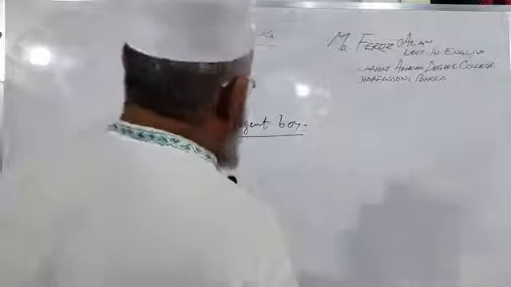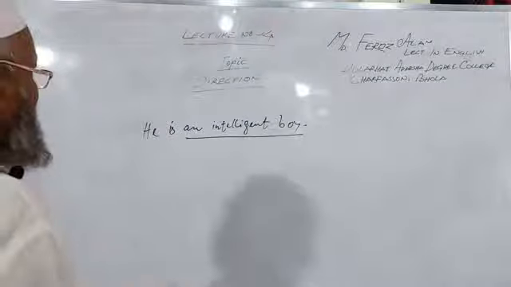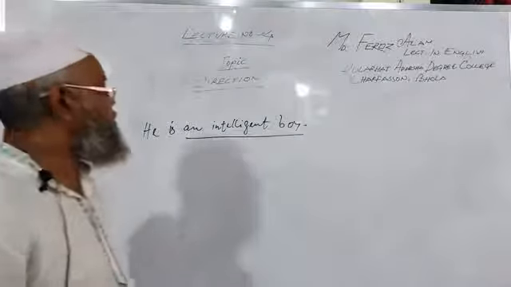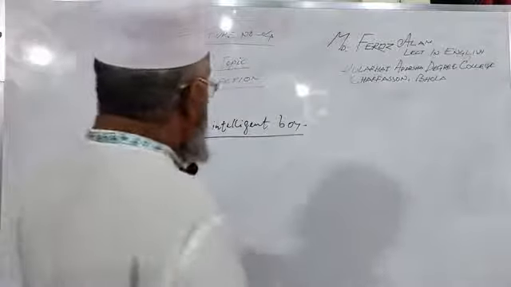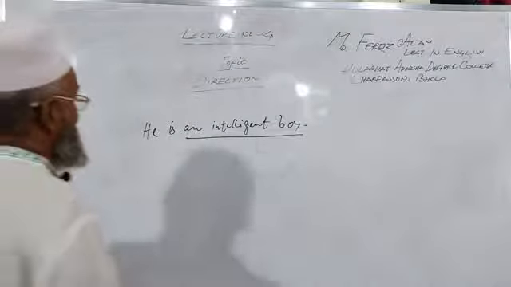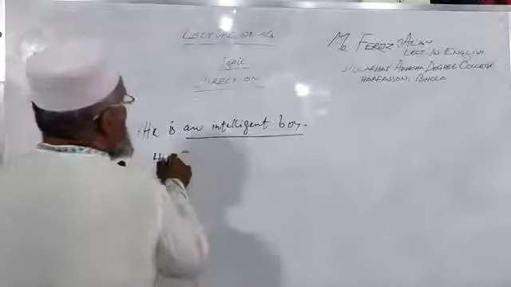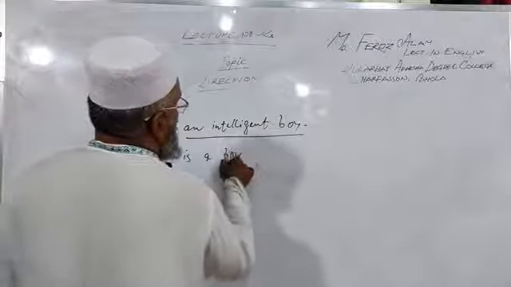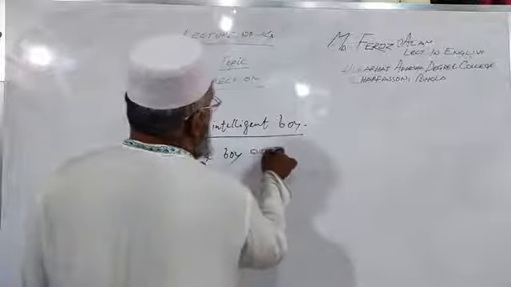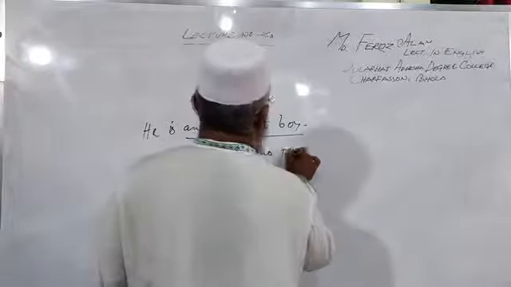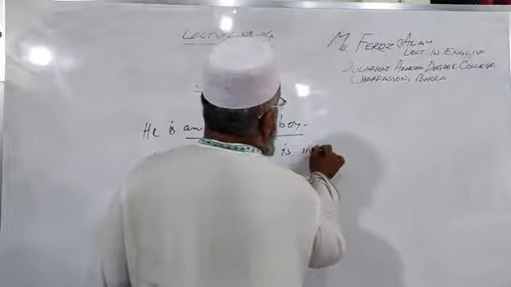In this way, by citing an example, at first you have to emphasize on the two clauses, and then you have to add a conjunction, that is relative pronoun. He is a boy who is intelligent.